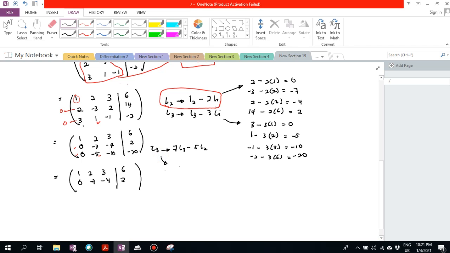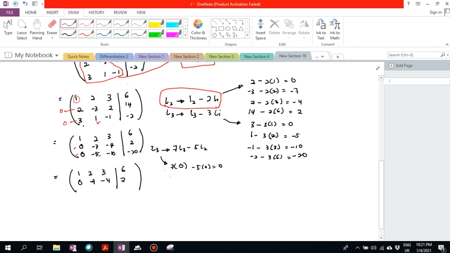For example, the first one becomes 0: 7 times 0 minus 5 times 0, so it becomes 0.